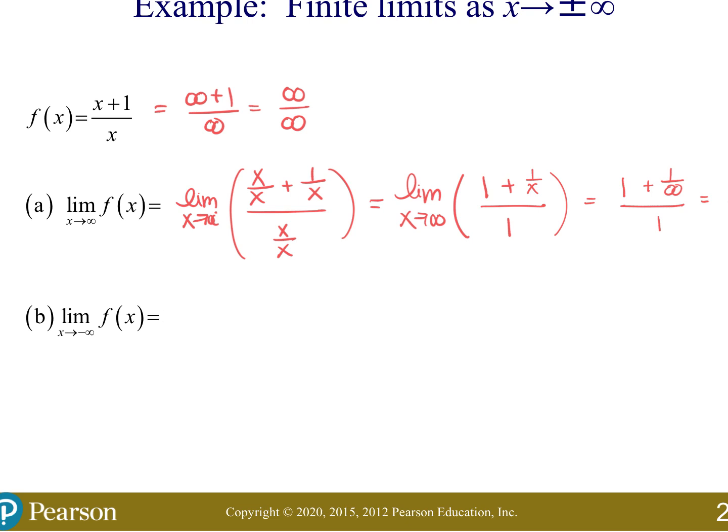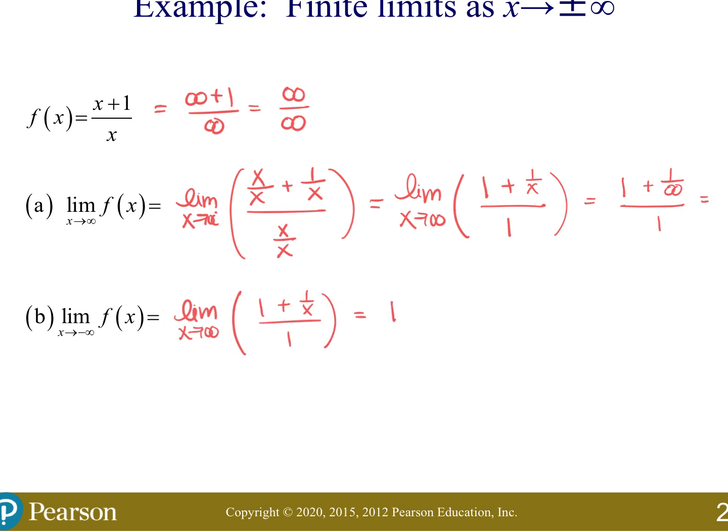We'll do the same thing for the denominator. You're going to divide everything through by the highest power, which should give you the exact same algebraic result. So I'll have 1 plus 1 over x over 1, the exact same as what I had, so you don't have to do it twice.